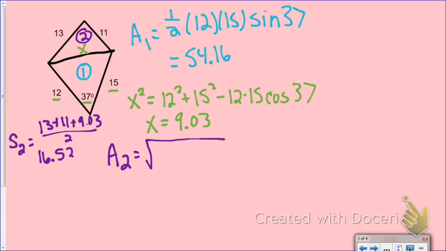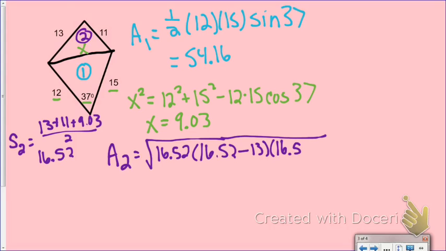It's the semi-perimeter, and then I subtract each side from the semi-perimeter. It's a lot of numbers to write down, but as long as I find that missing side, it's really easy for me to use this formula to find the area of that triangle.